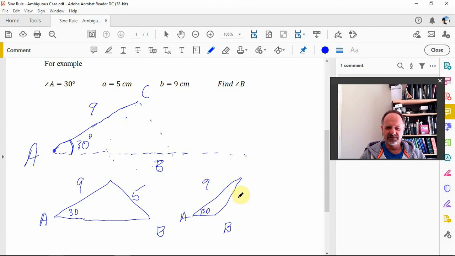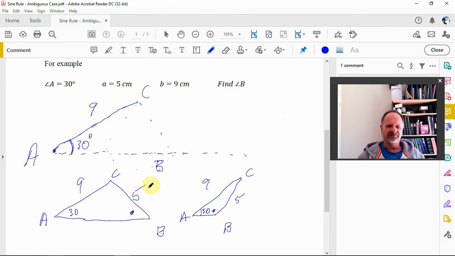Because both of those triangles, that's our C up here, of course, both fit the information that we've been given about the triangles. So geometrically, both of those triangles fit all this information up here. But quite clearly, the angle at B here and here are different. So that's the ambiguous case.